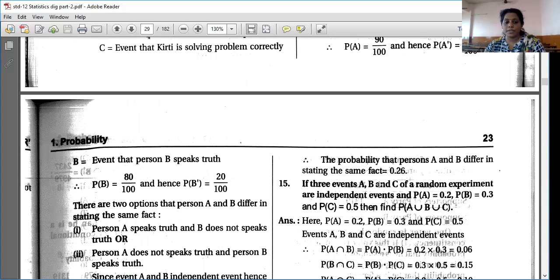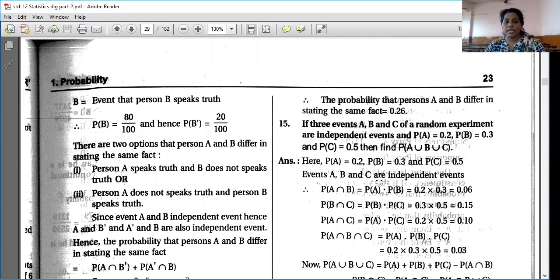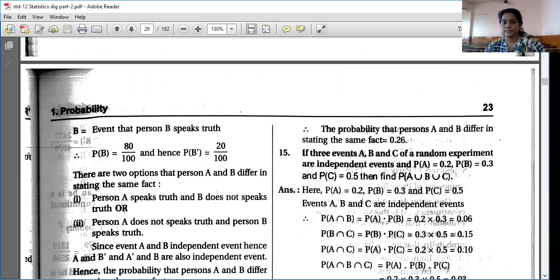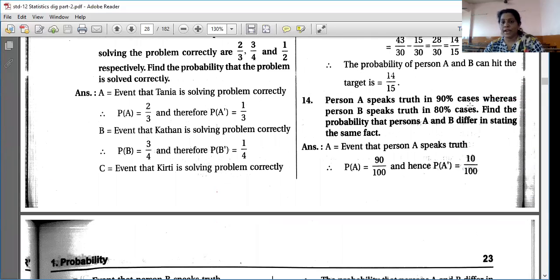So there are two options for person A and B to differ in stating the same fact. Person A speaks the truth and B does not speak the truth, or there are two conditions. Find the probability that person A and B differ in stating.